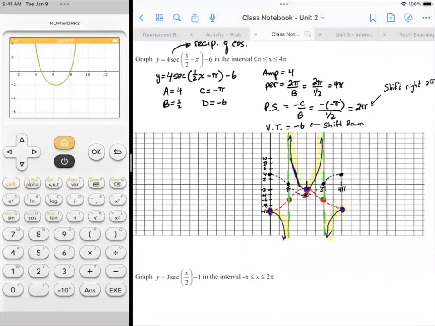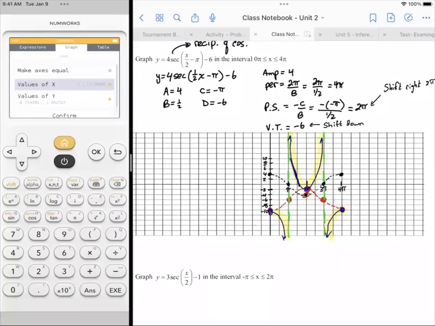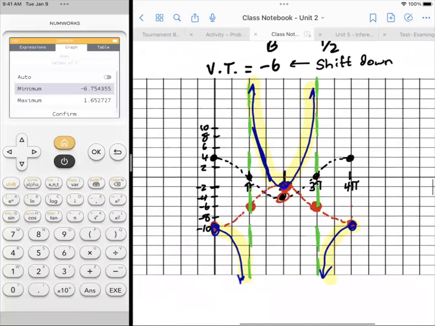And again, to get it matching up with precisely what's on the calculator screen is a little tricky, but if you play around with the domains, you know, your axes, I want to go from 0 to 4 pi, confirmed. I want to go from, well, I need to go below -10.